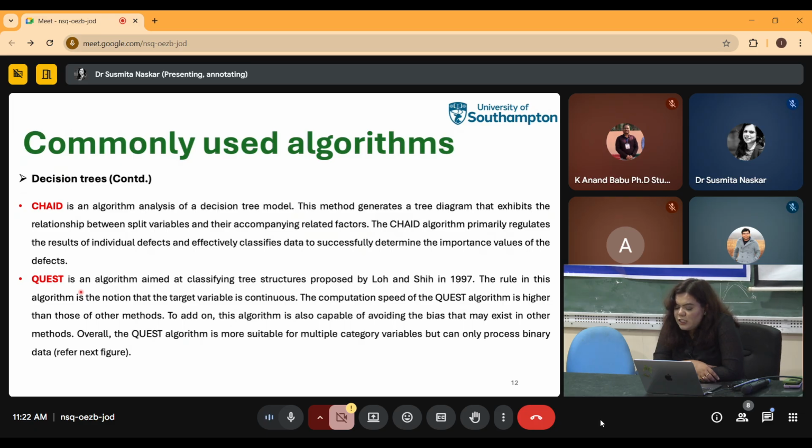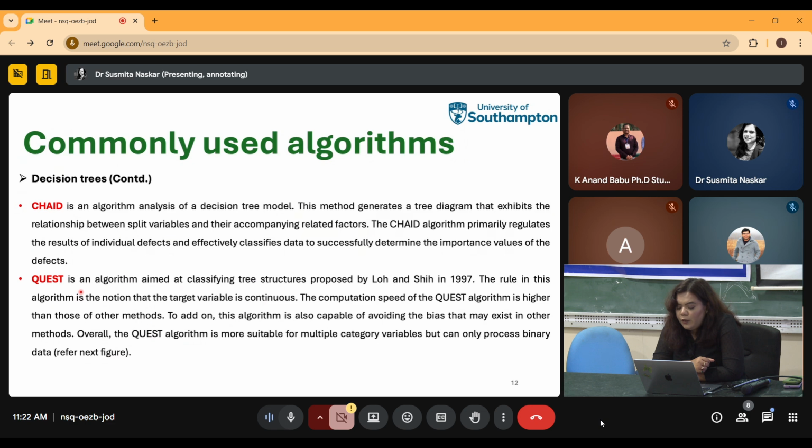One of the major strengths of QUEST models is that they are very computationally efficient. Computational speed is very good, much faster than many other methods. Additionally, this kind of model helps us reduce the bias in splits. They often challenge the traditional decision tree algorithms. So they are a very quick, unbiased and efficient statistical method.